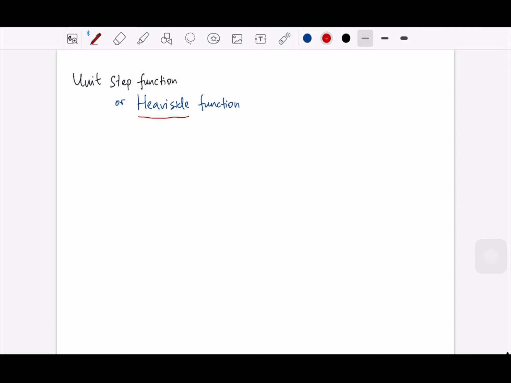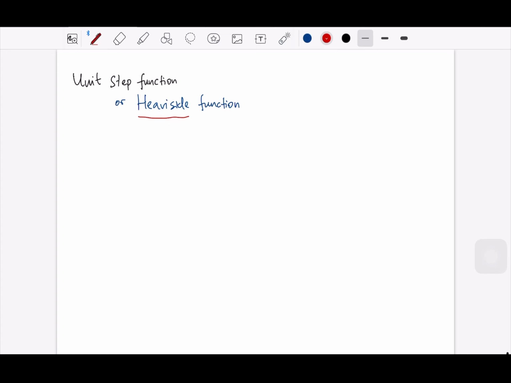So what is a unit step function? In engineering, like when you switch off a power grid or a normal lamp, we encounter functions that have these characteristics, which are off and on.